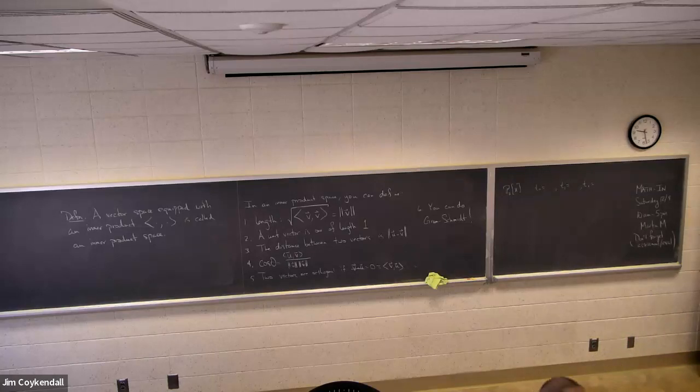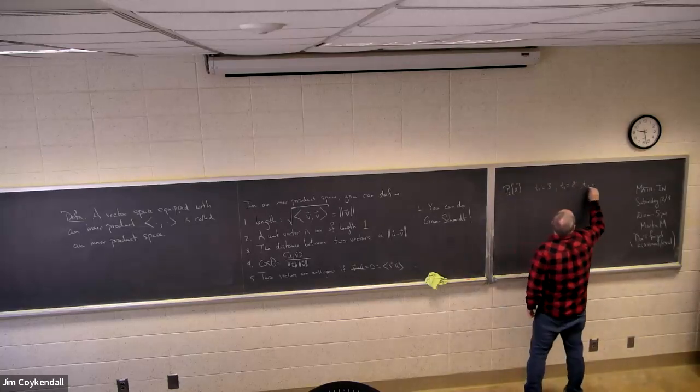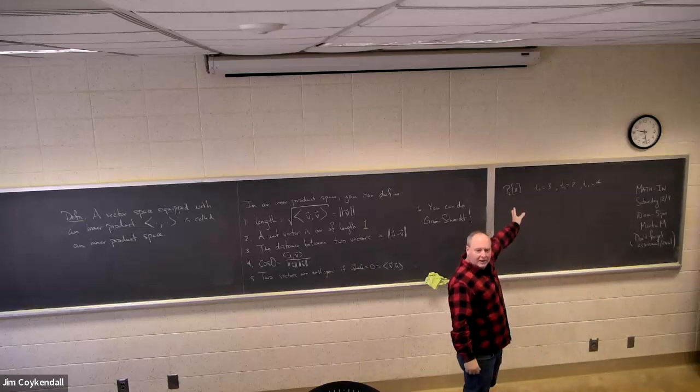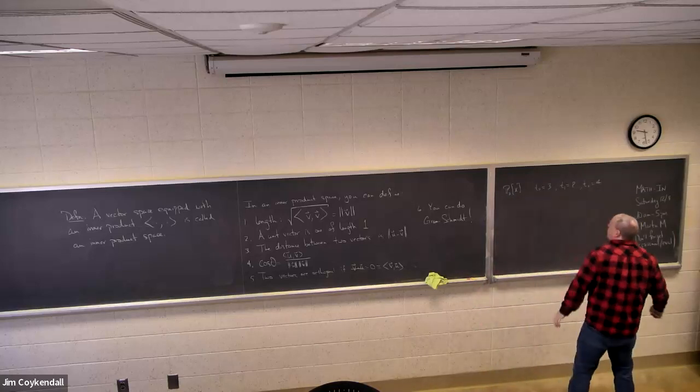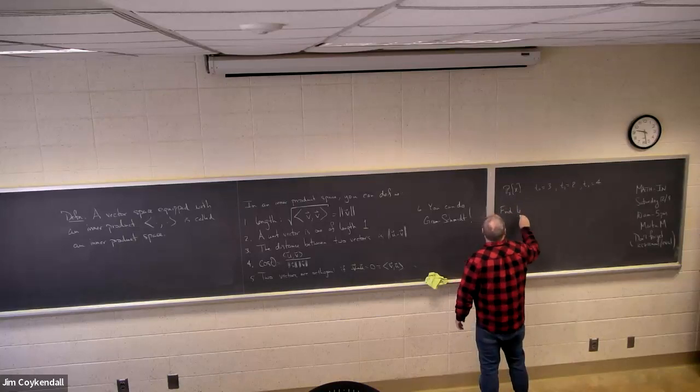Three different and simple ones? 3, 2, and 4. Okay, suppose we're doing the exact same example we did with P2(x). These are my 3 points I'm going to plug in. Find length.